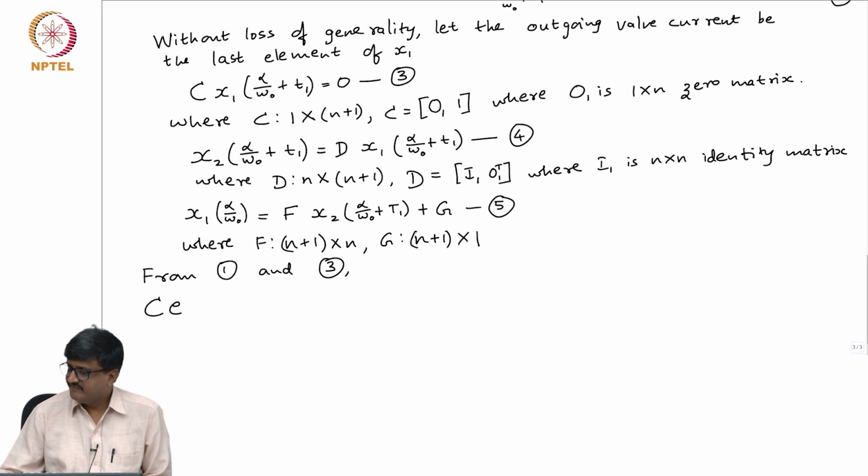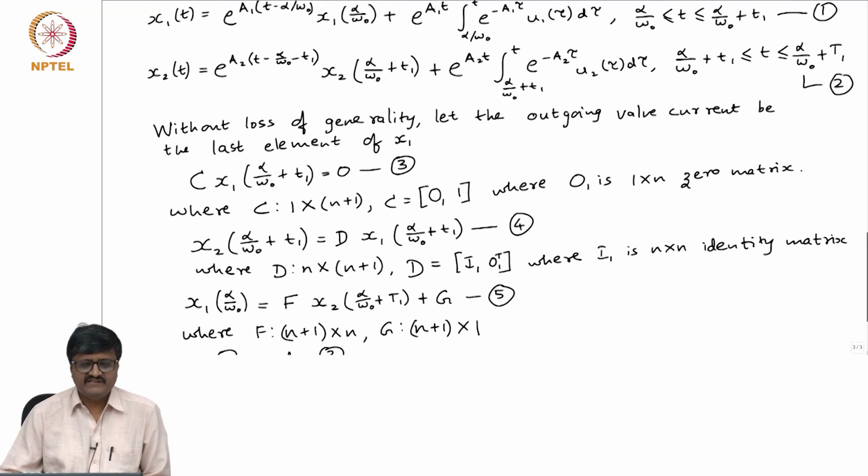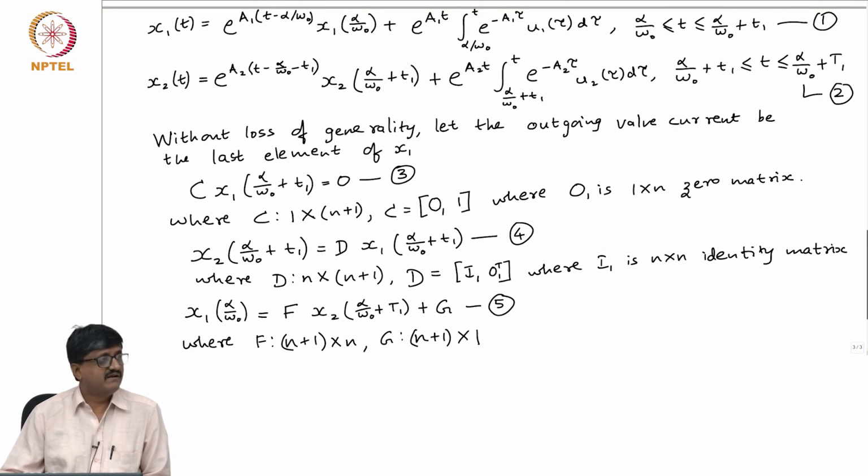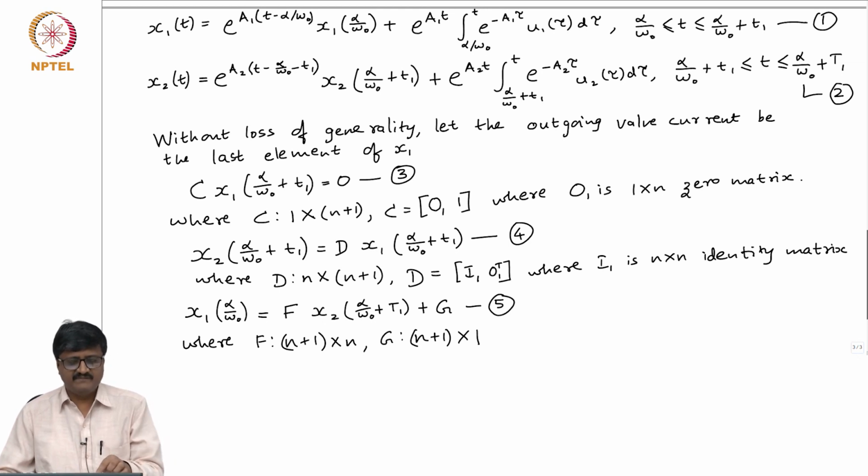On the right hand side, the first term is exponential a1 into t minus alpha by omega O. Replace t by alpha by omega O plus T1.